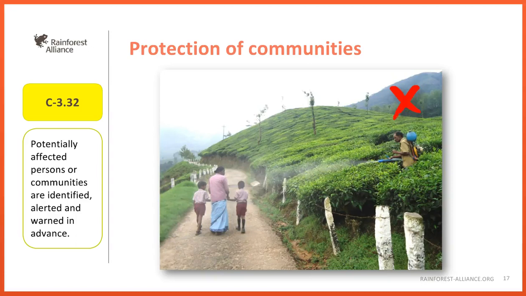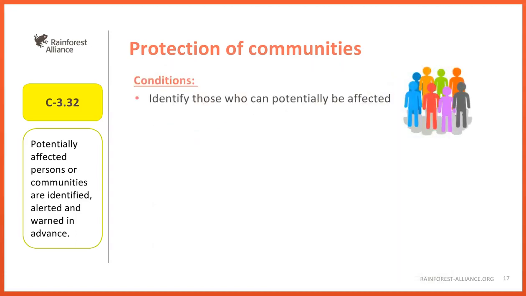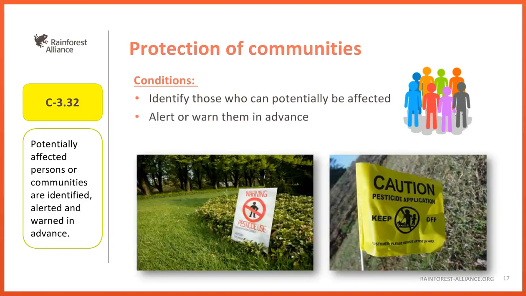In order to protect the communities, first you need to identify those people who can potentially be affected by pesticide applications. Then you alert them or warn them in advance about the applications. You need to restrict the entry to the application areas to avoid contamination.